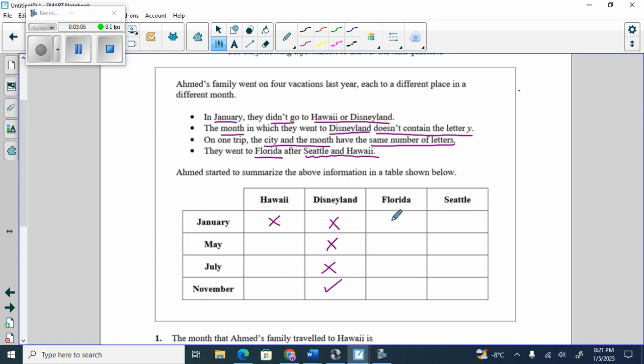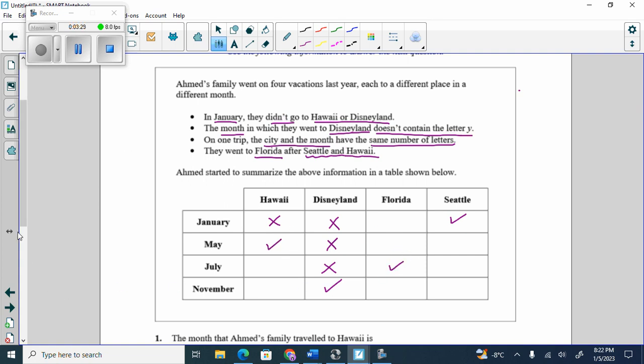So let's try January: Seattle, Hawaii, and then Florida. Well, that works, right? Because it says they went to Florida after Seattle and Hawaii, I need to use Seattle and Hawaii first. So this one would be Seattle, this one would be Hawaii, and then this would be my Florida.